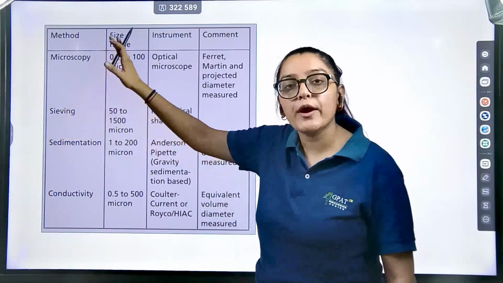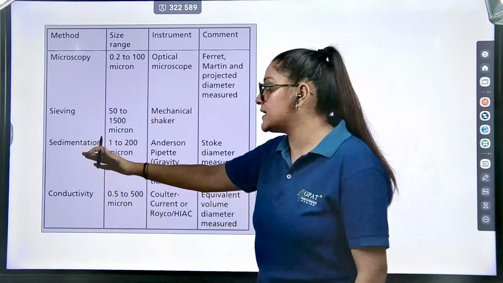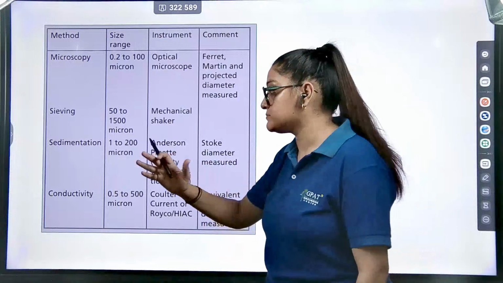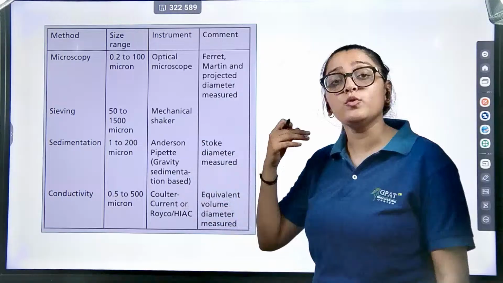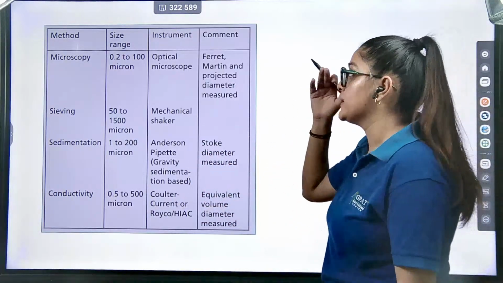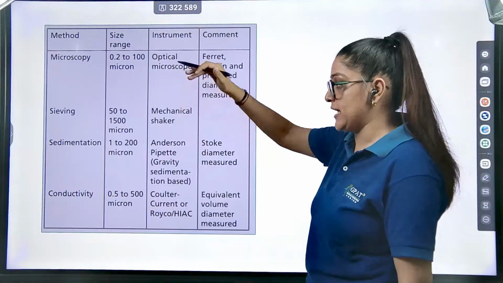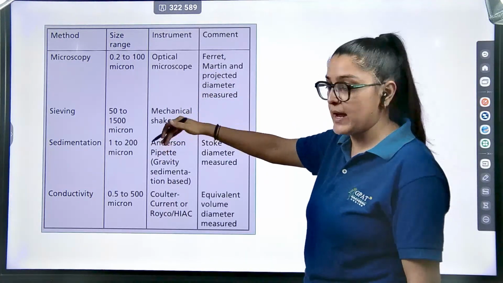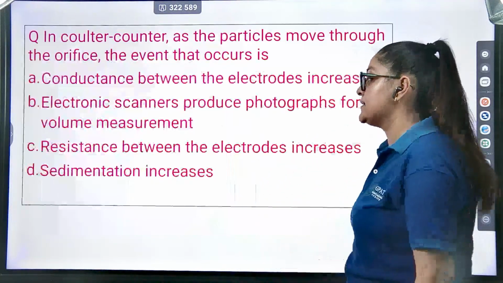Microscopy size 0.2 to 200, sieving 50 to 1500, sedimentation 1 to 200, conductivity, that is particle volume, 0.5 to 500 microns, right? Instrument was optical microscopy, sieving, mechanical shaker. Then we have the Anderson pipette method, and then we have Coulter-Counter, Rheology or HIAC, right?